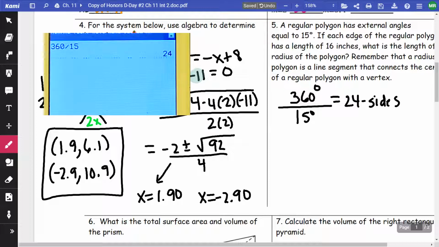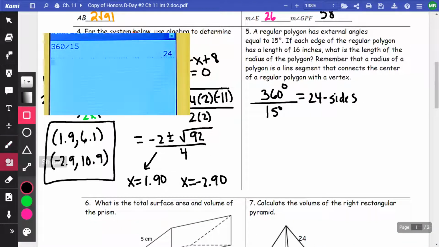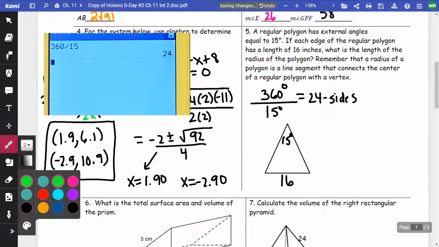So if there are 24 sides, and each side has a length of 16, what is the length of the radius? So I am going to have a triangle. This central angle is going to be 15 degrees because I would just be doing the opposite math: 360 divided by 24 gives me 15. I know that this is a 16 and I'm trying to find this. That's what I want to find.